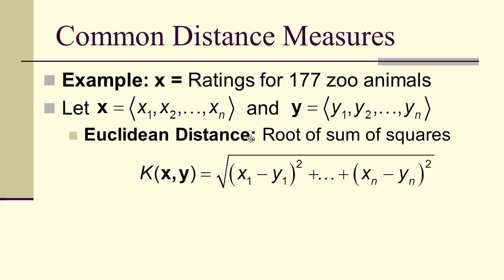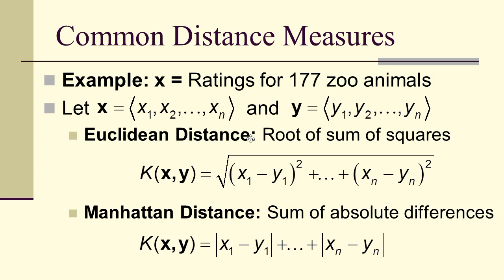The Euclidean distance between these would be the sum of the squares of the differences and then that entire quantity you take the square root. And that would be our criteria, how close x is to y. The Manhattan distance is the sum of the absolute values of the differences of the x's and the y's.